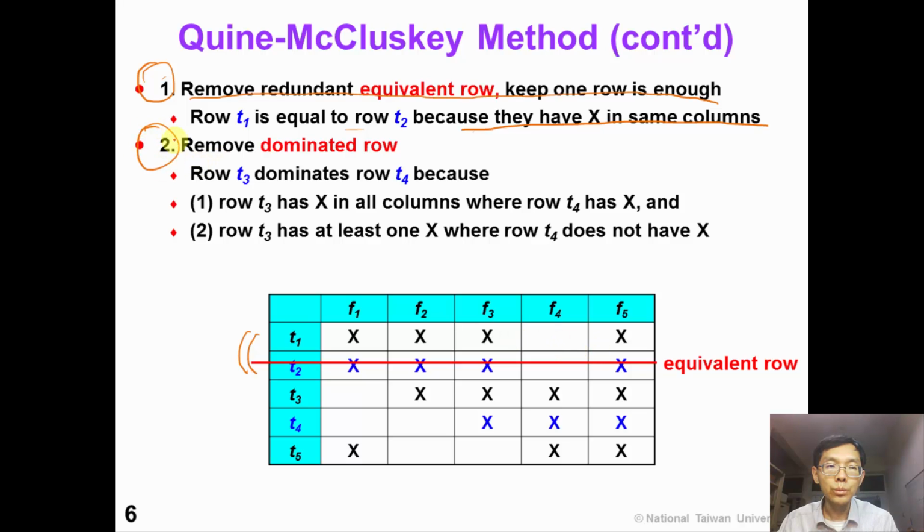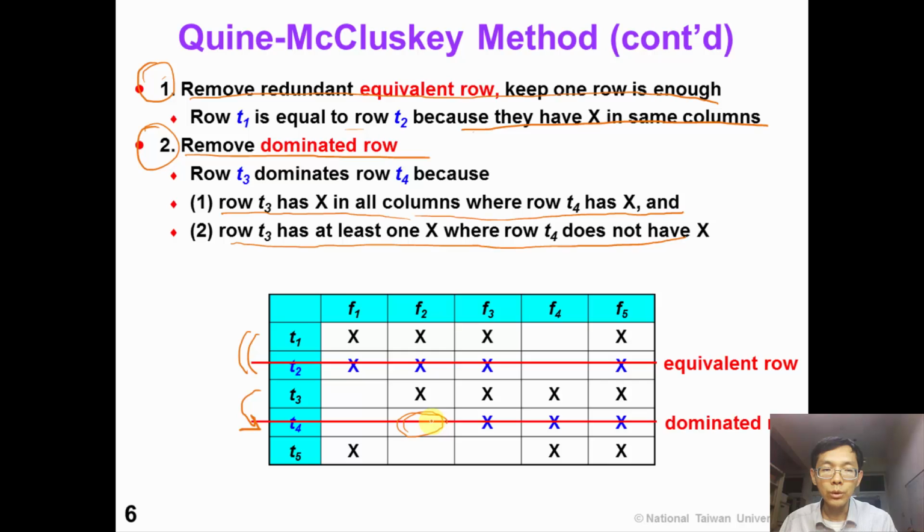Rule number 2. We can remove dominated rows. For example, in this table, row T3 dominates row T4 because row T3 has X in all the columns where row T4 has X, and row T3 has 1 X where row T4 does not have X, like this column.